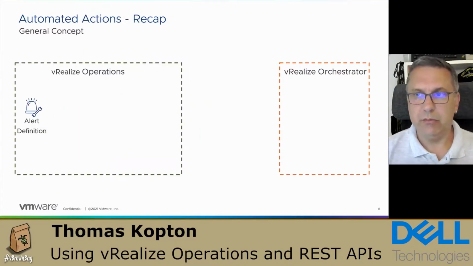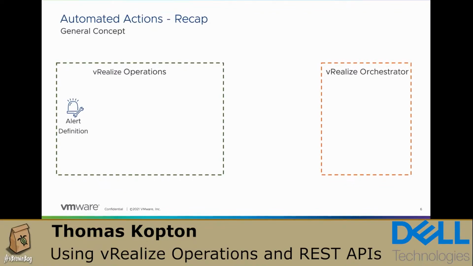To make this picture complete, let's take a step back to the old days and to the automated actions in vROps. So we have this concept of automated actions since years. And the concept is pretty easy. We have vRealize Operations, and we have, for example, just a vCenter or the vRealize Orchestrator. And within vROps, you have the alert definitions.